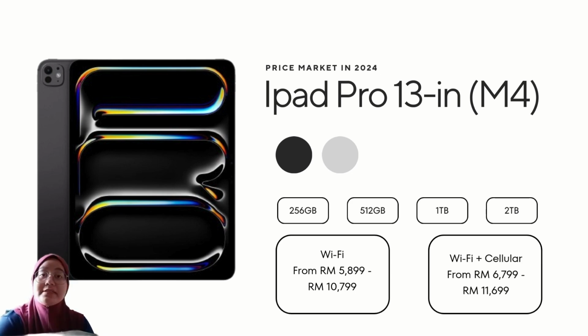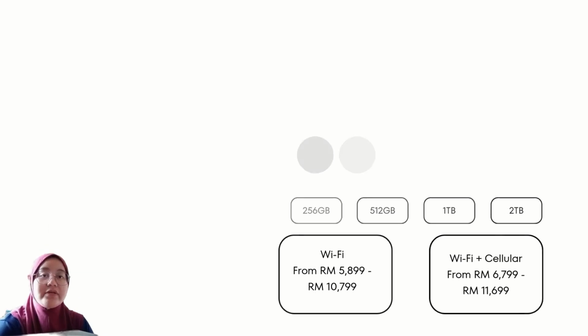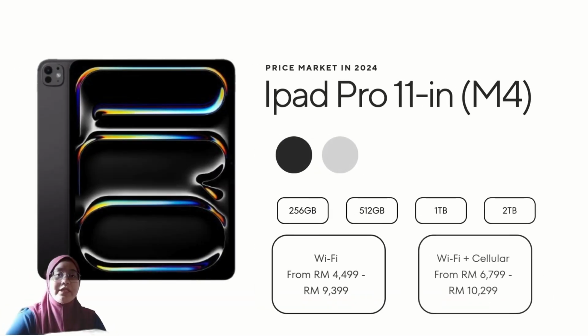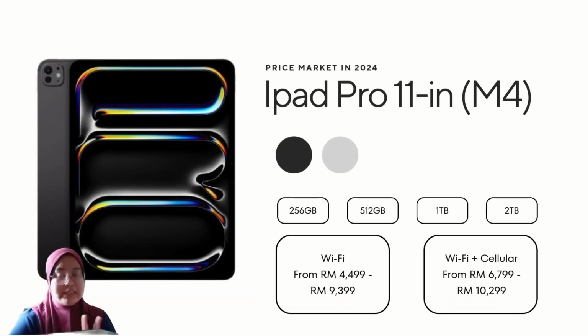And for the Wi-Fi plus cellular iPad, you can get it from 6,799 to 11,699 ringgit Malaysia. Next is the iPad Pro 11-inch. It also comes in two colors, the same as the 13-inch, space black and silver. It also comes with different memory capacities and the same options.